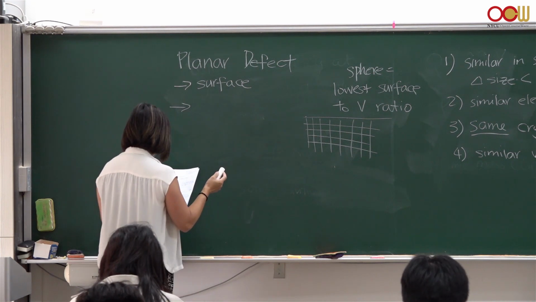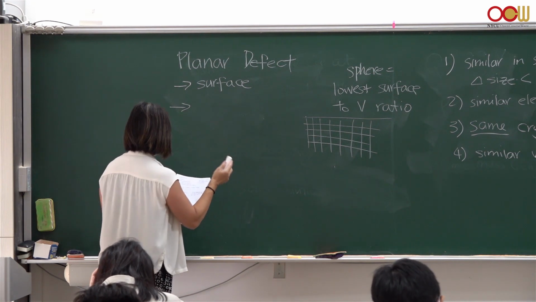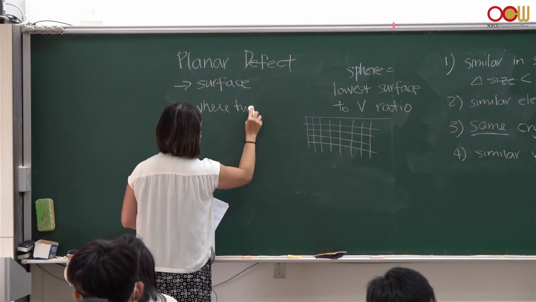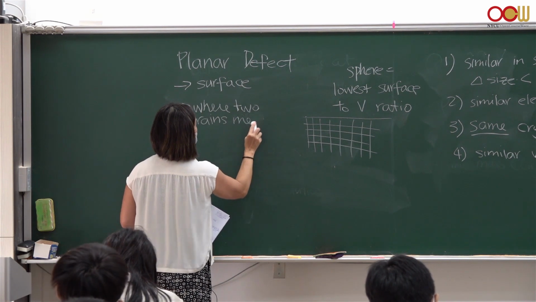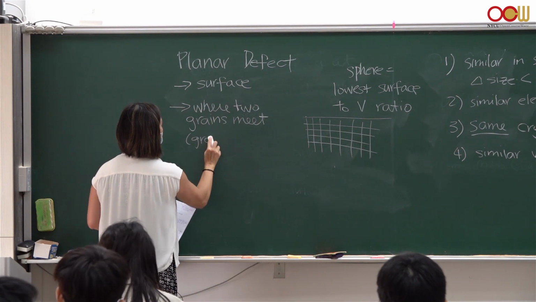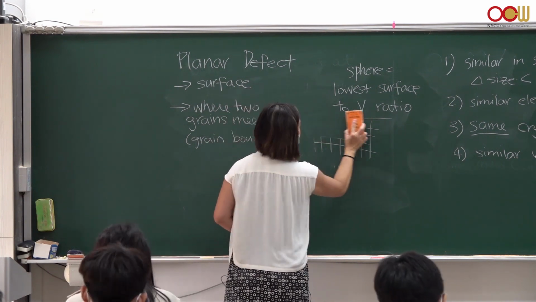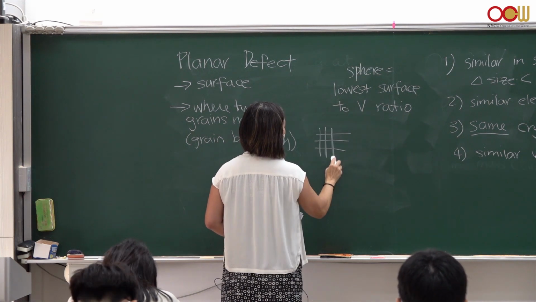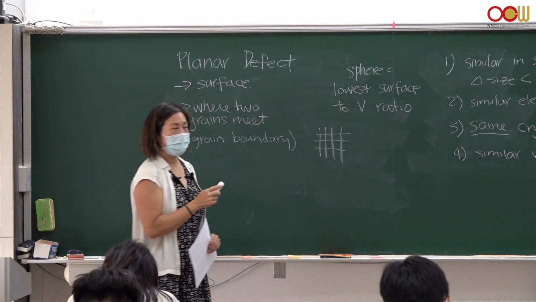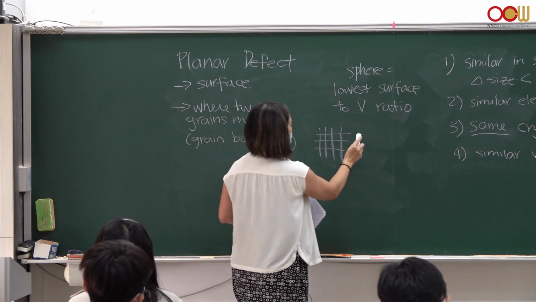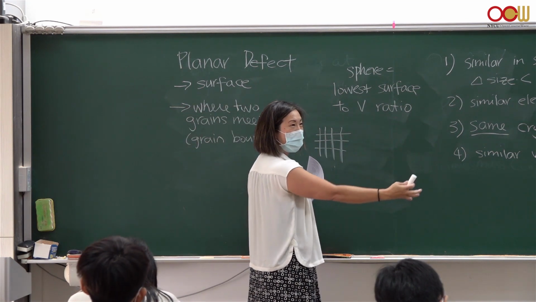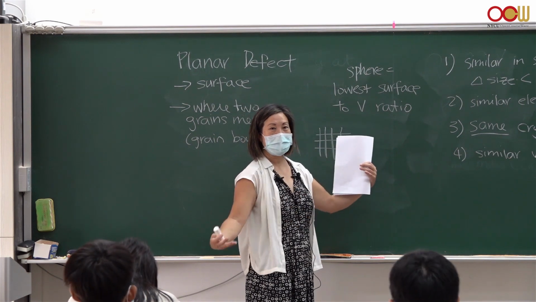Another place where defects occur in a two-dimensional way is where two grains meet. This is called a grain boundary. A grain boundary might look something like this. So you have your atoms organized in this way here, but in a polycrystalline material, we know not every atom is organized exactly in a continuous way.